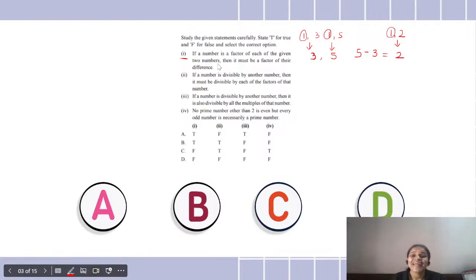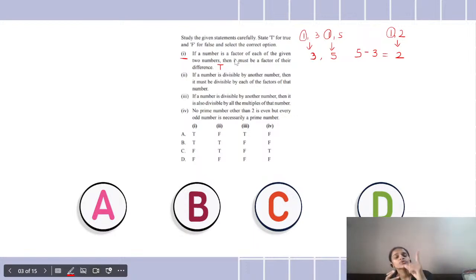So this statement stands true, that yes, if a number is a factor of each of the given two numbers, then it must be a factor of their difference as well. This statement is correct.